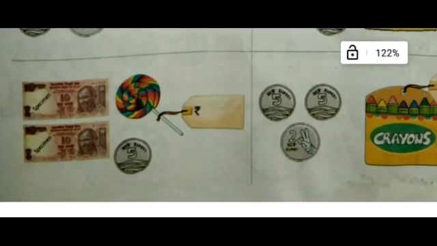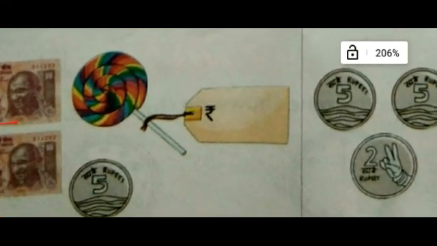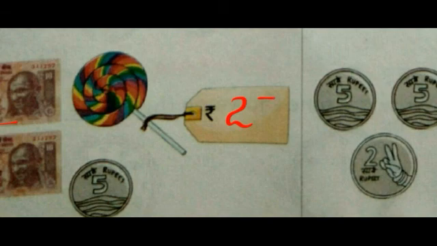We need to find out the price of this lollipop. Okay. So we'll start with the biggest amount, that is 10. 10 plus 10 is equals to 20 rupees. And 20 plus 5, 25. So this lollipop is for 25 rupees.